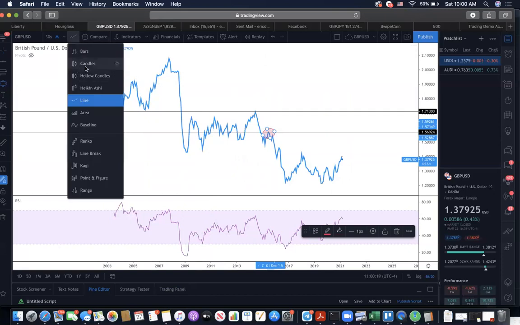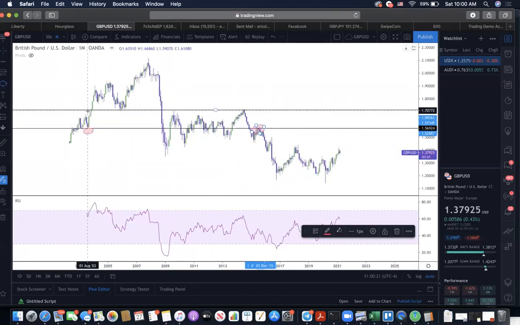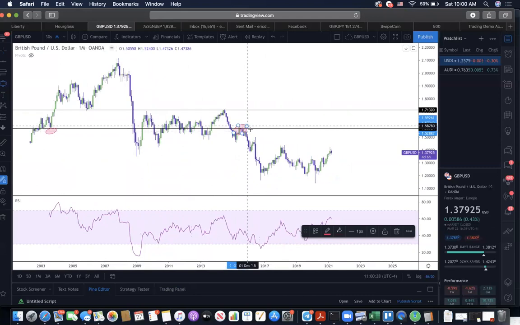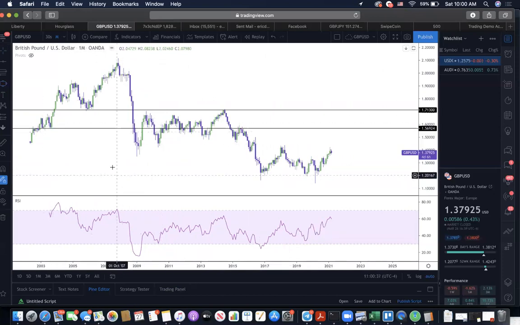If you look on the candle chart, you can see that right here price bounced off, and right here we have an area where price fell off. So previous areas of support, previous areas of resistance. We had support here, resistance here, dropped. We had support here, some support here, major rejection here, drop.